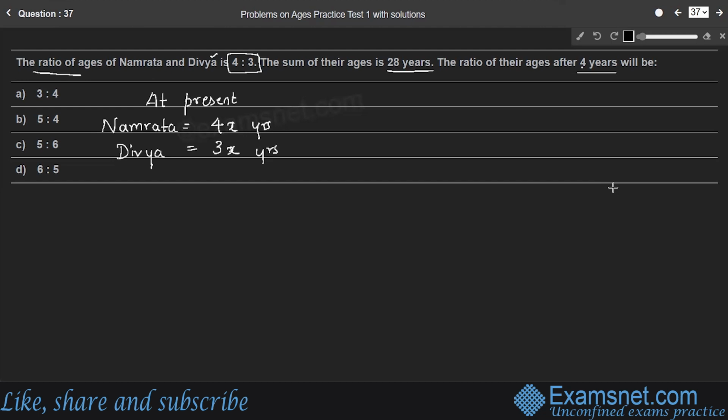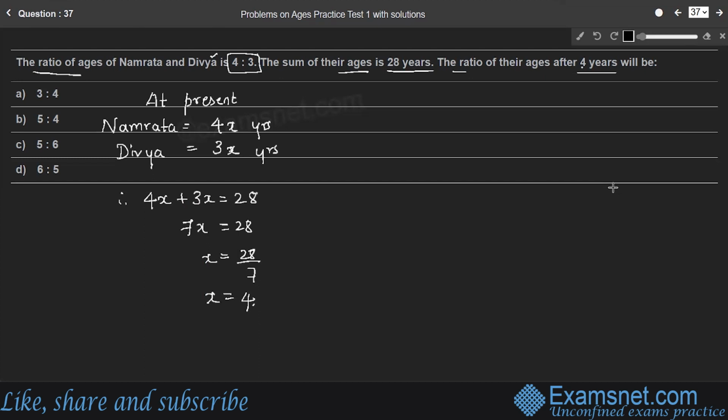And the sum of their ages is 28 years. So 4x plus 3x is equal to 28 years. So 7x is 28. So value of x is 28 by 7, which is 4. x is equal to 4.